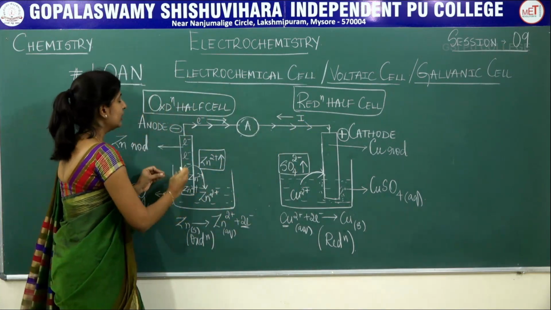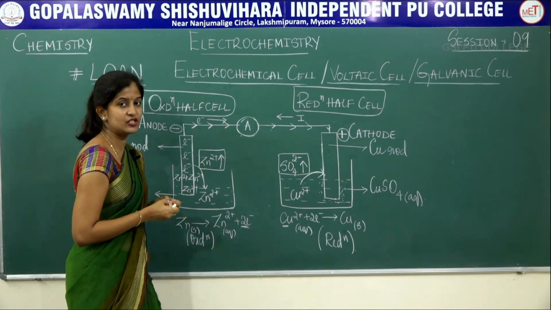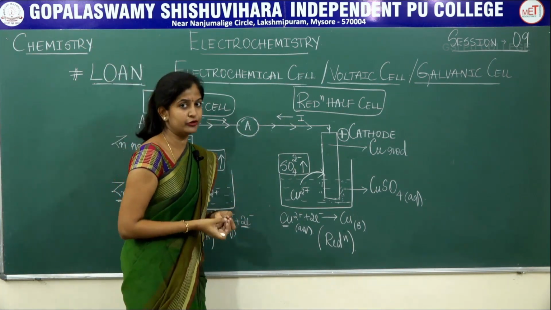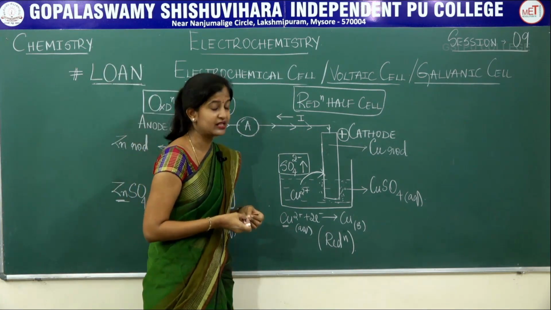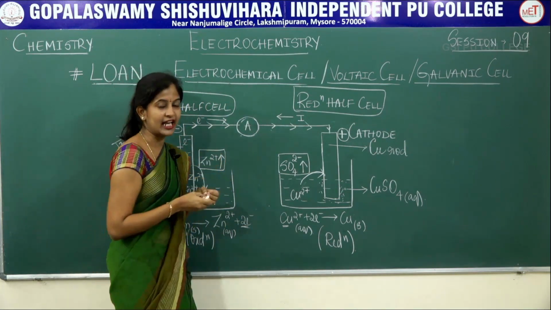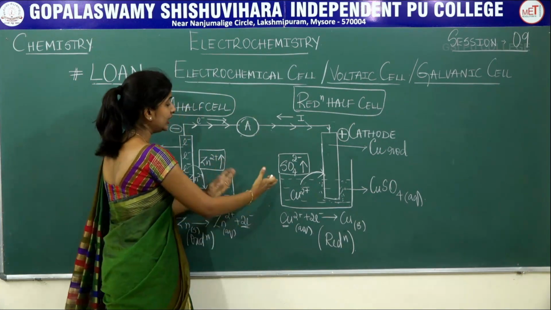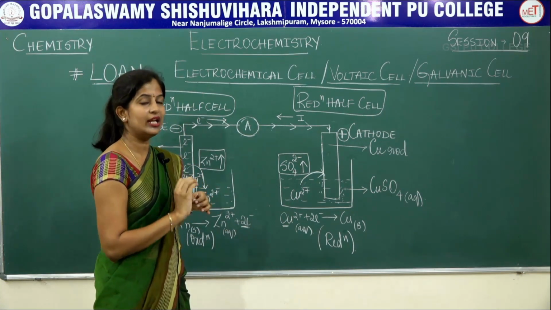If the electrons are not moving through the outer circuit, there is no electron flow, and since there is no electron flow, there is no current flow through the circuit. So this will happen for a long time, and finally there is no electricity passing through the cell. That's the point where you can observe that no electricity is passing.